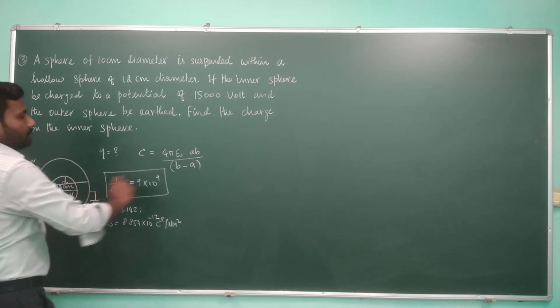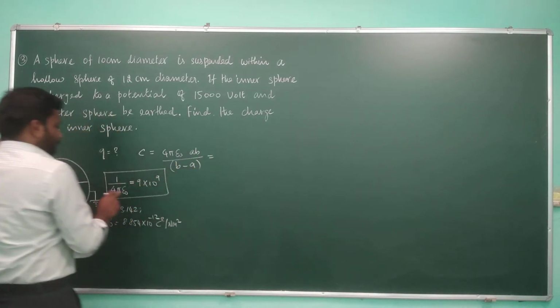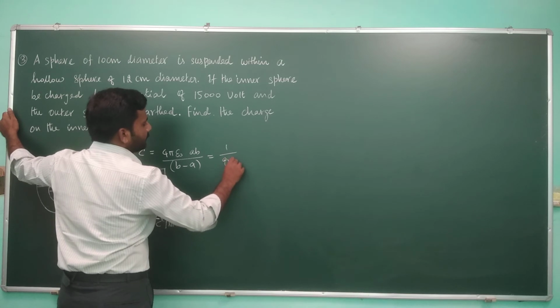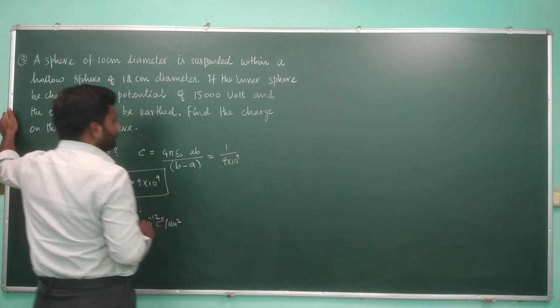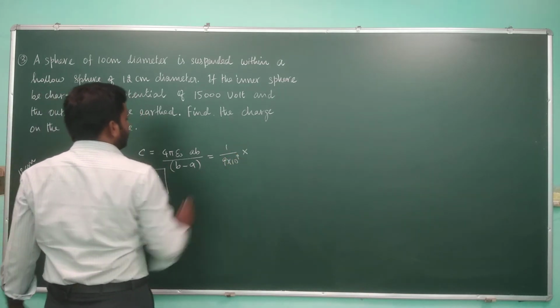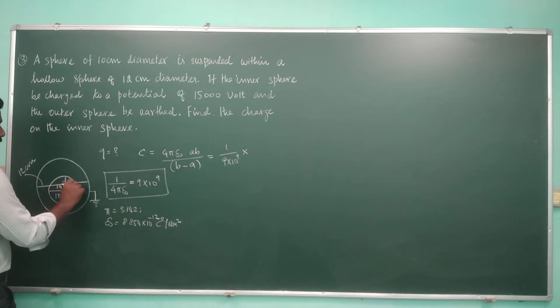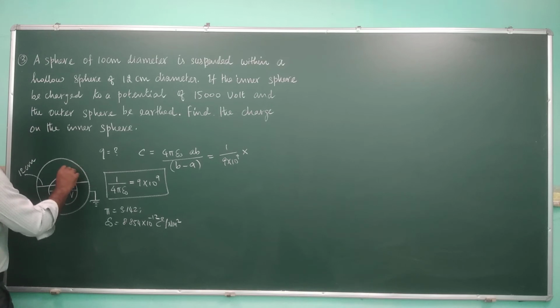So in this equation you can write 1 by 9 into 10 power 9 multiplied by AB, where A is the inner radius and B is the outer radius.